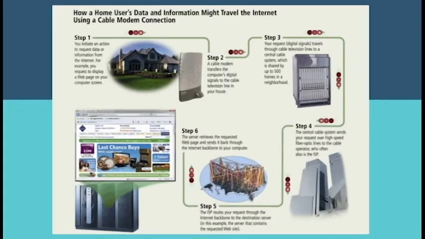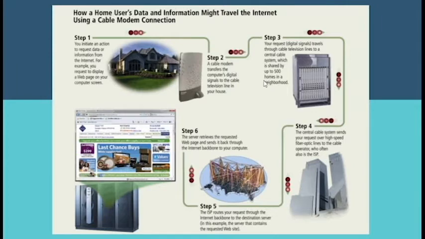And then next is how a home user's data and information might travel the internet using a cable modem. First step, you request data from a server on the internet. In step 2, the modem converts the digital signal to an analog signal.